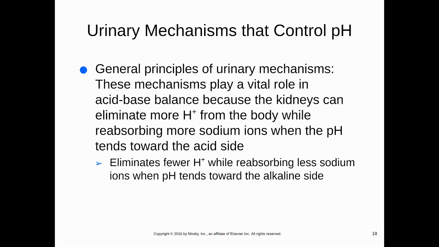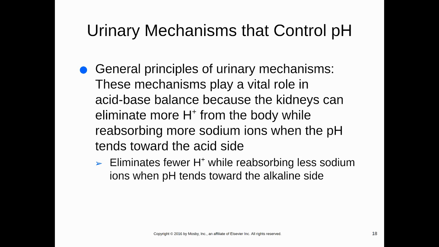Okay, so urinary controls of pH. The idea here is that we have an acid-base balance that is going to be eliminated from the kidneys. So this is where we can either eliminate more hydrogen ions while reabsorbing sodium ions. Again, that's only when it goes towards the acid side, okay?